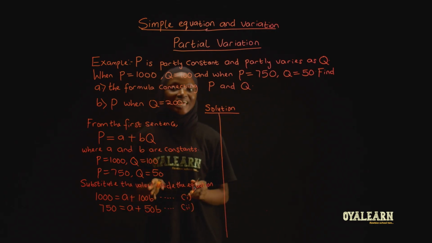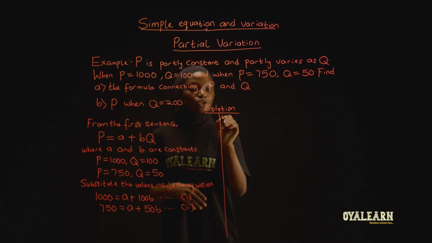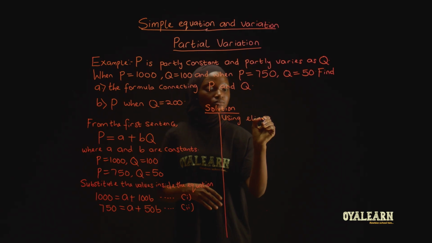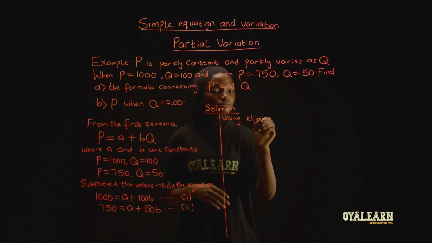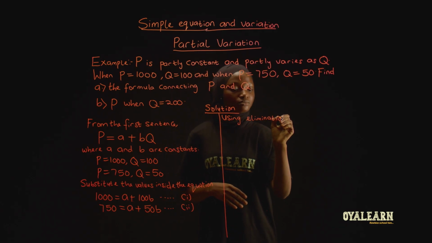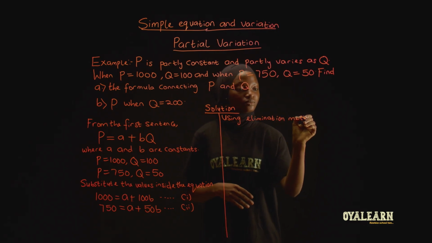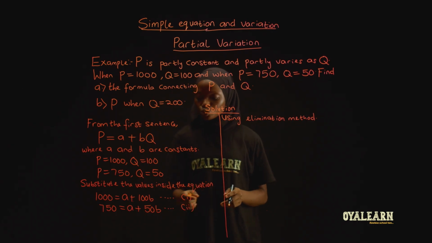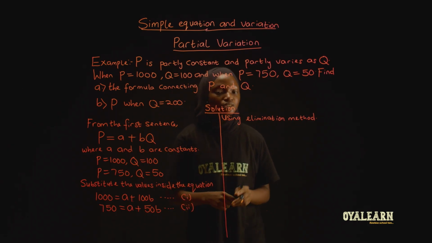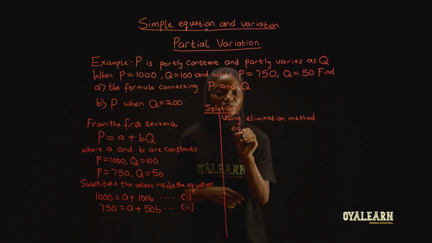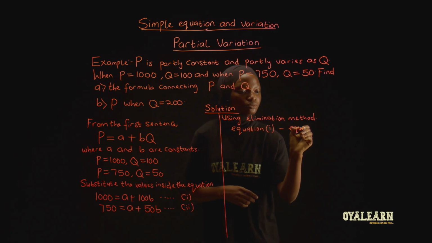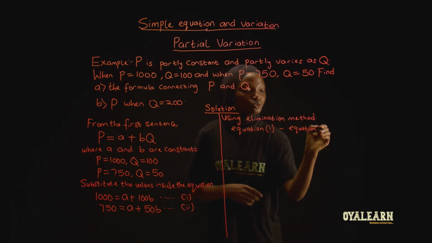Let's solve this using the elimination method. Let's subtract equation 2 from equation 1. So we have equation 1 minus equation 2.